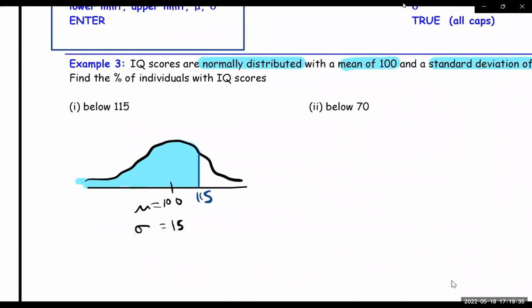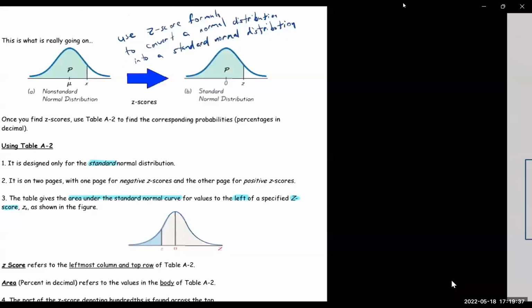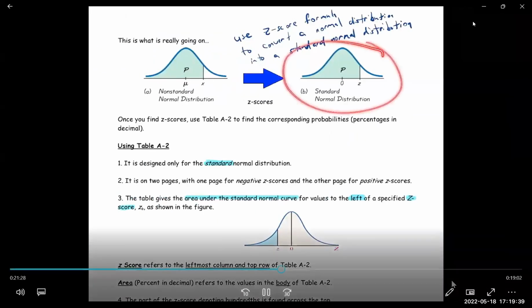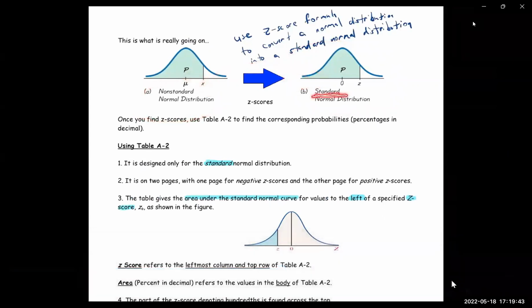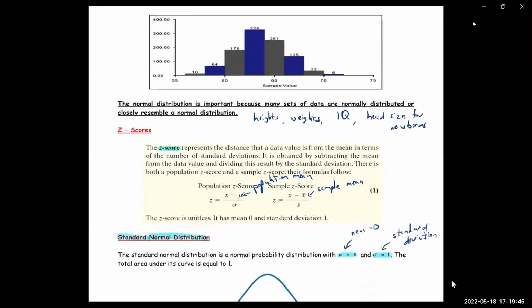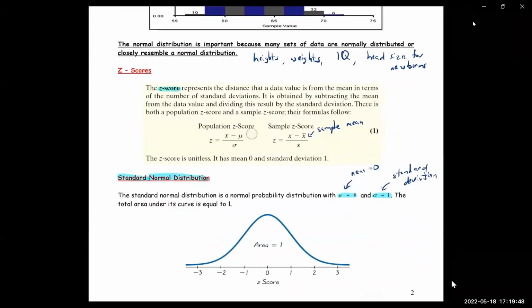All right, so first thing we have to do is use that formula. Remember we said if it's not a standard normal distribution, you have to use a formula to make it standard. So here's the formula. Let me copy and paste it.